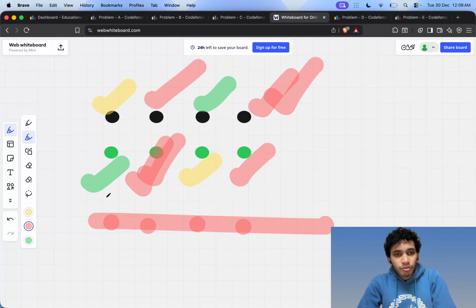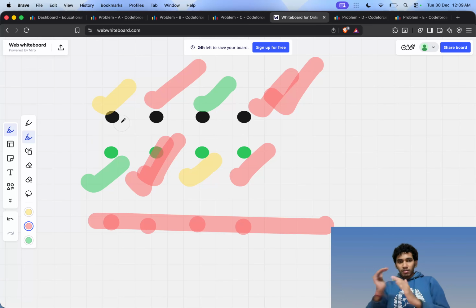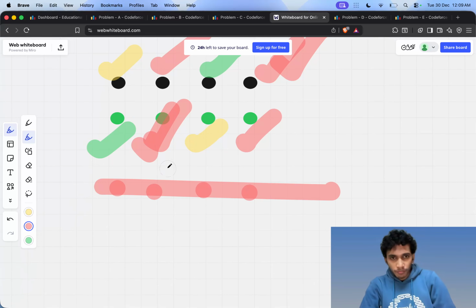Now we need to choose some i, some j, and some k such that the snowmen formed due to that particular combination are all stable. That is, all the snowmen formed using that particular iteration i, j, k are all stable.